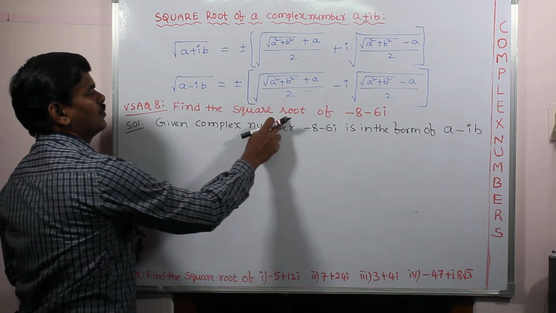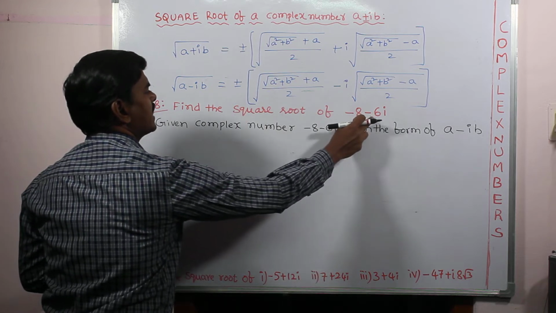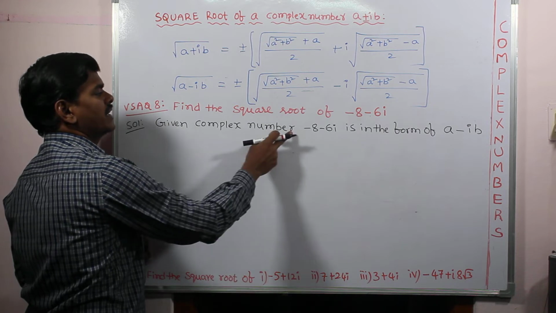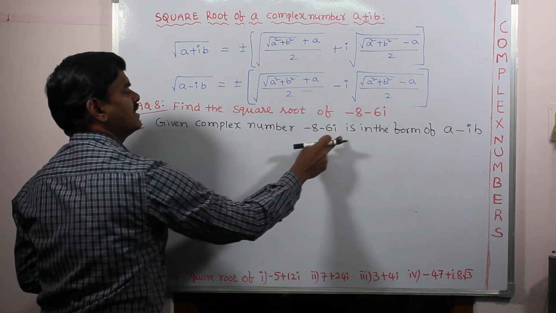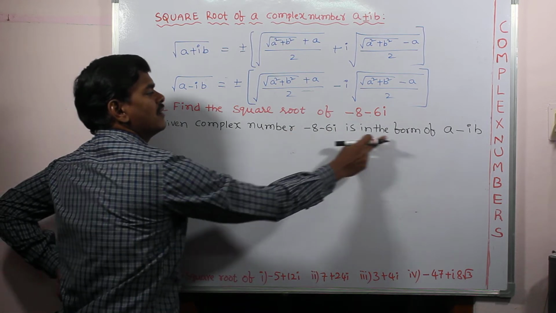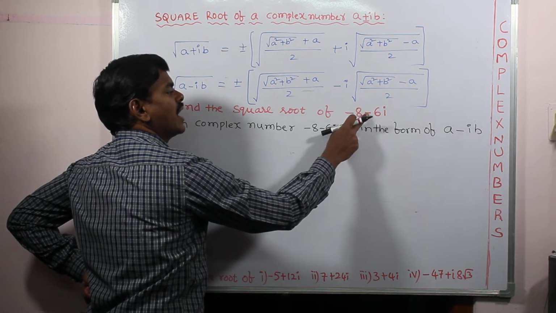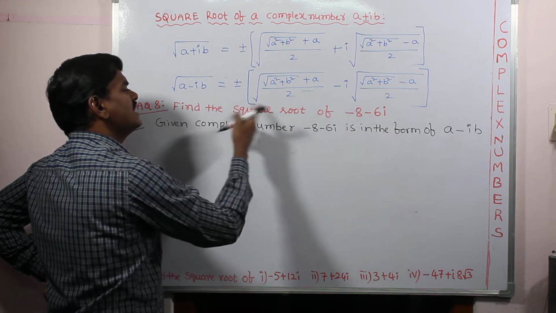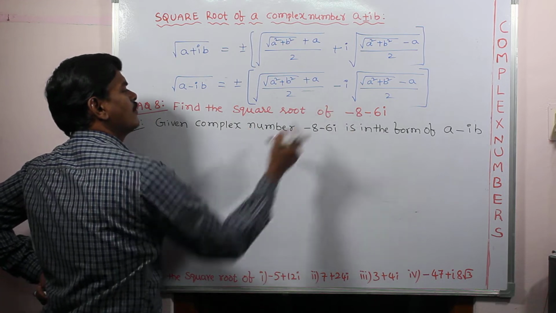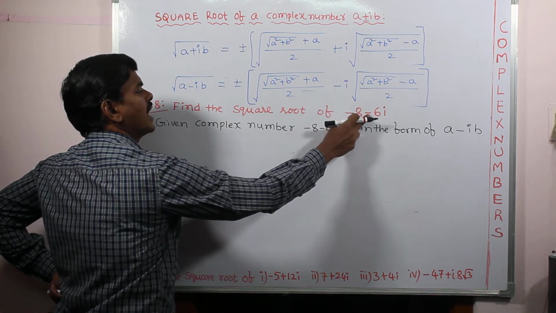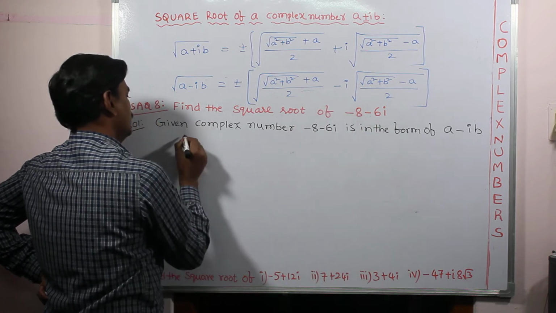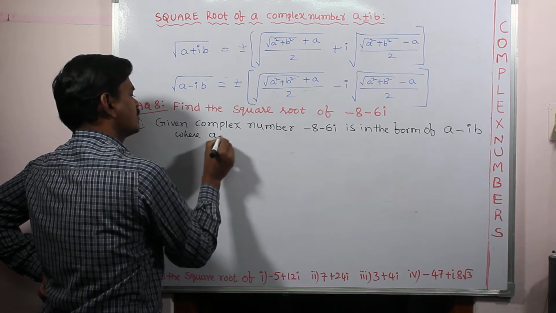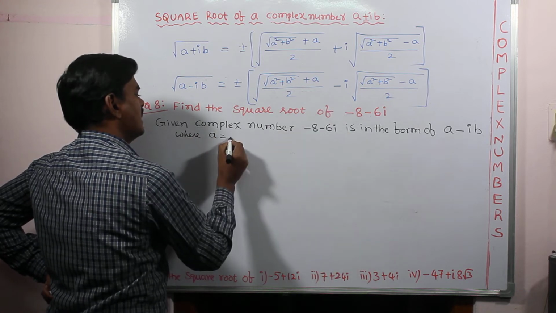Find the square root of minus 8 minus 6 iota. So the given complex number minus 8 minus 6 iota is in the form of a minus iota b. Just be clear with the form of the given complex number. A minus iota b. So what is a here? a equals minus 8.